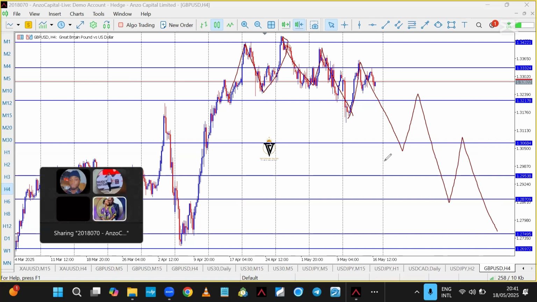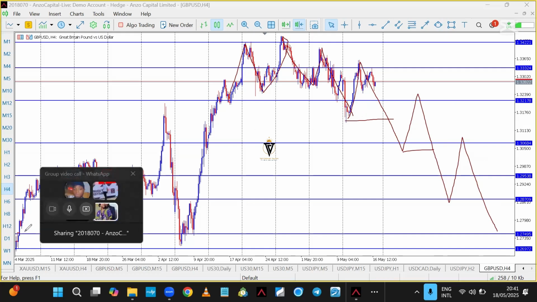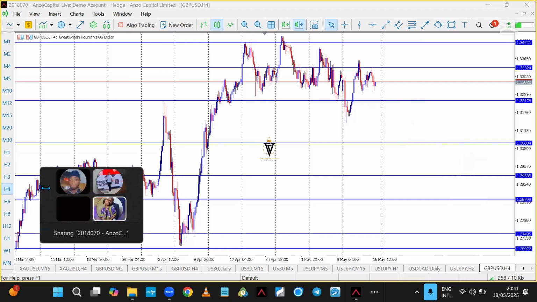And mind you, this is the 4 hour time frame. I'm expecting this, or most likely it can decide to do the contrary, it can decide to do something like this. Because that pair alone is a very crazy asset.